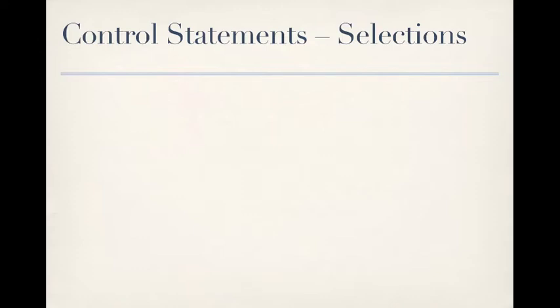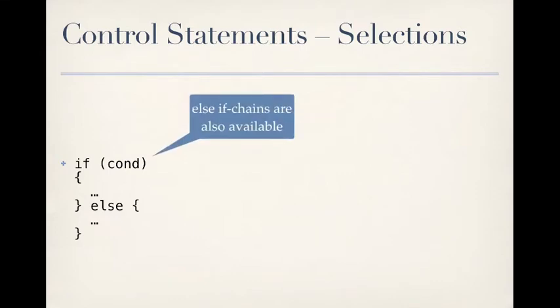Good. Control statements. So we have selections in C. This is if, totally the same as in C#. Curly braces, and I don't want to lose too much time here. You also could write down else if chains. So there you have if, else if, else if, and else.